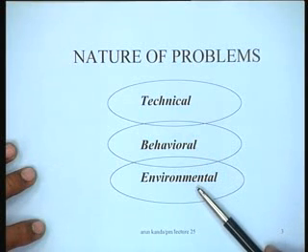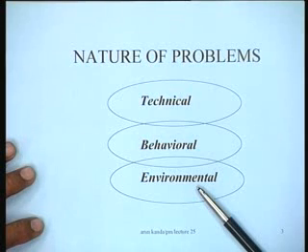And then the third major class of problems that a project encounters is the environmental problems, which come not from the project staff but from the outside environment, from the economy, from government legislation, and so on and so forth.